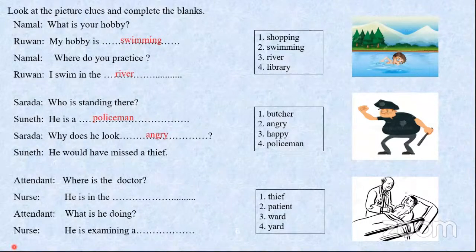Right, next one, attendant. And there's a picture of a hospital. There's a doctor and another patient is there. Then attendant asks, where is the doctor? The nurse says, he is in the ward. He is in the ward. Then attendant asks, what is he doing?